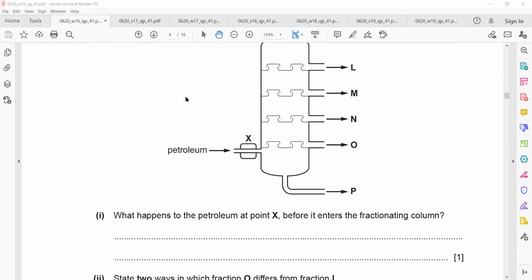So it is heated. You can mention it is heated, or vaporized, or boiled. Heated is correct. You can mention vaporized, evaporated.